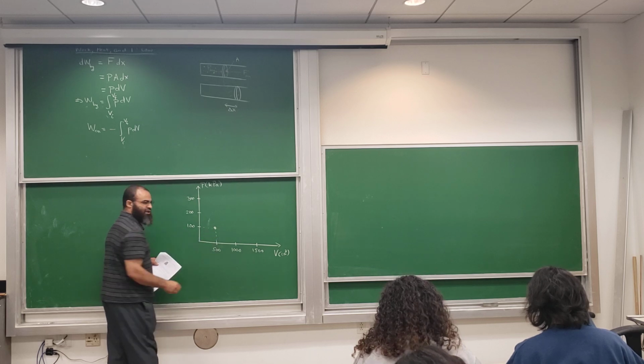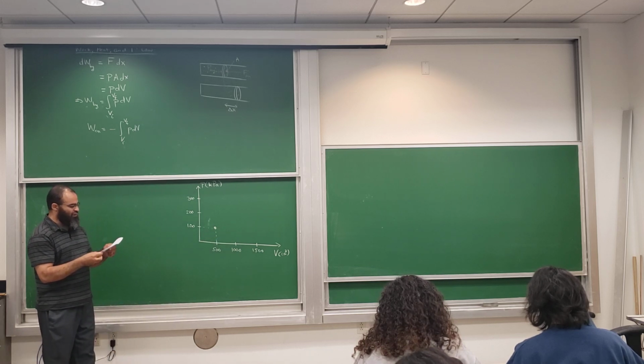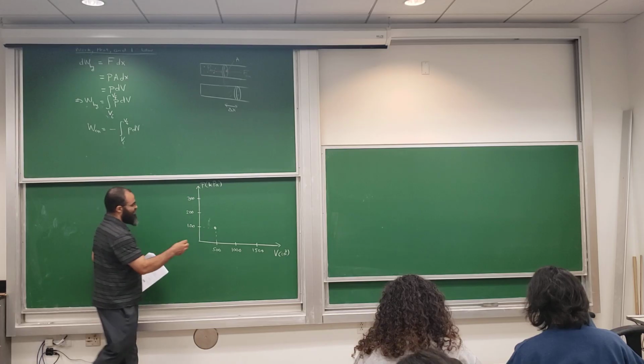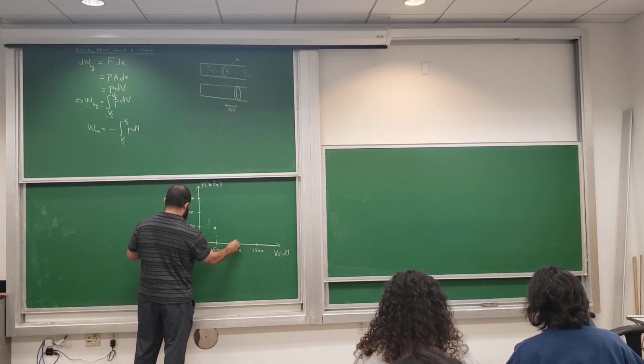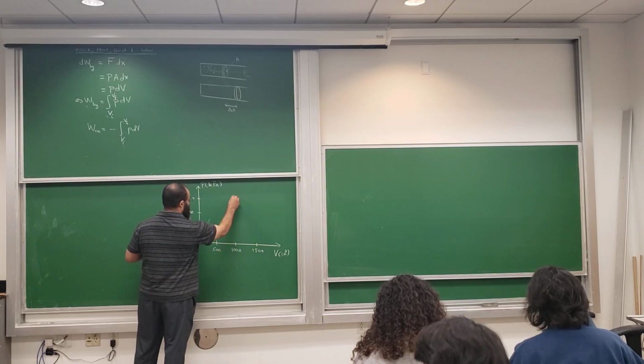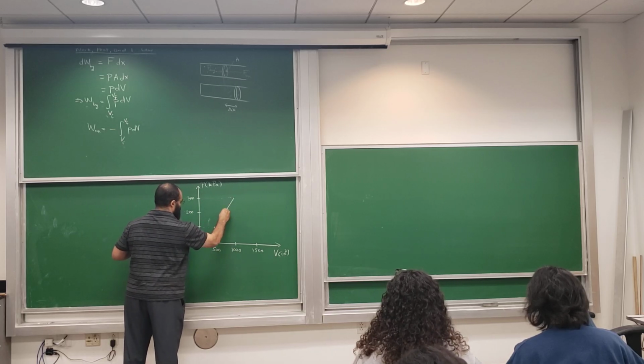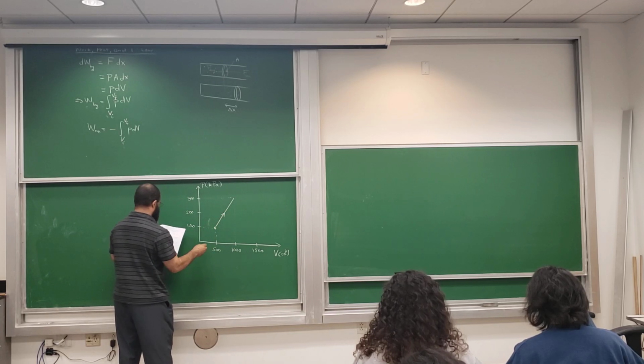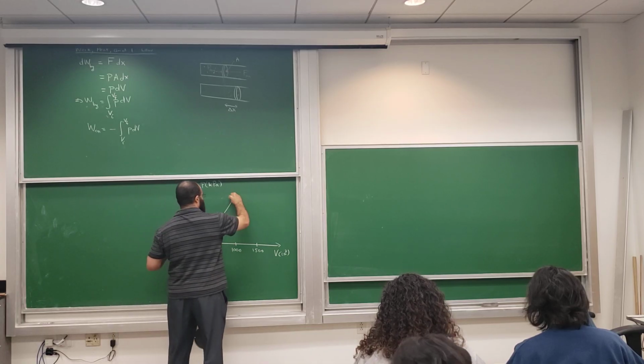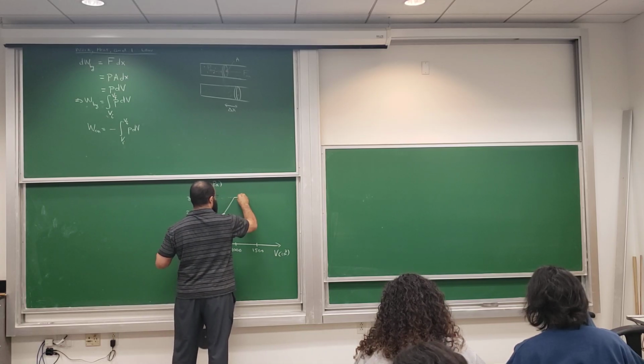The gas starts here. Then the volume will increase. Let me just do this. It's going to follow this line like this, and then it will go horizontally like this.